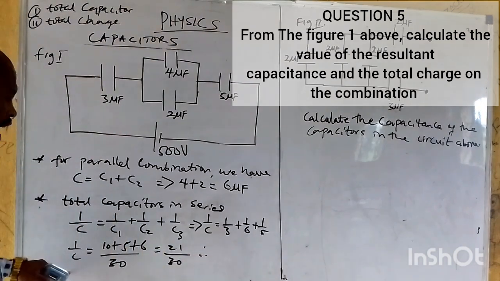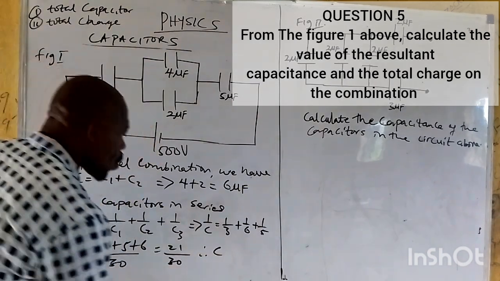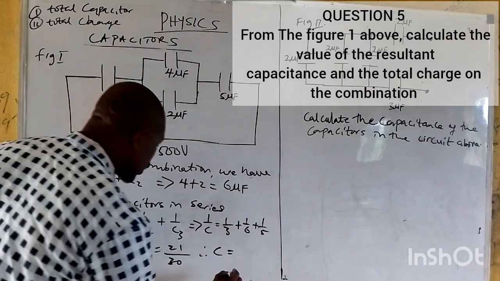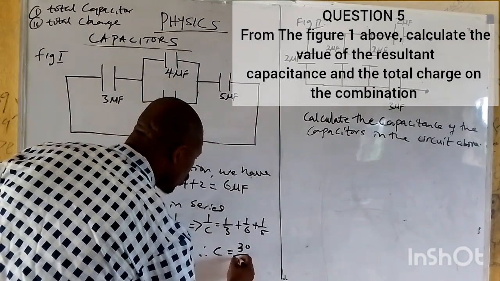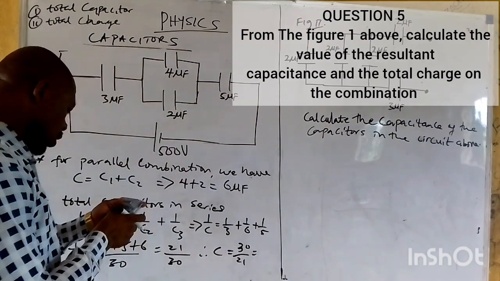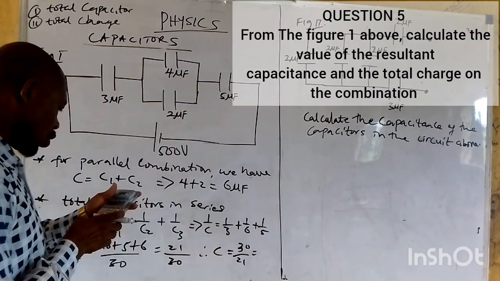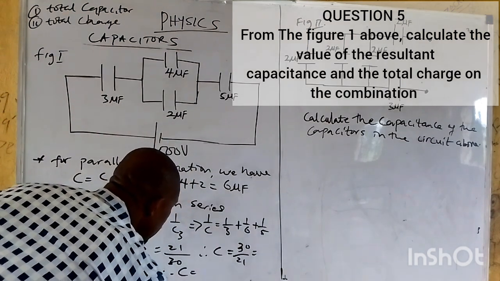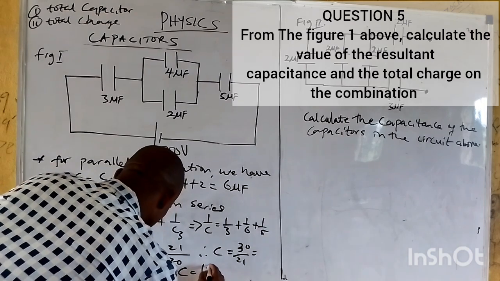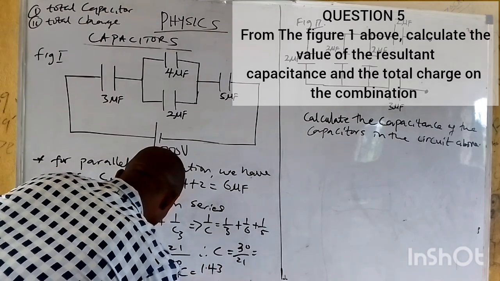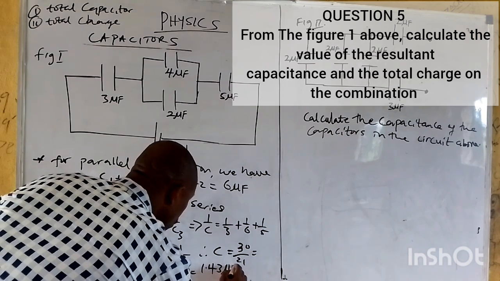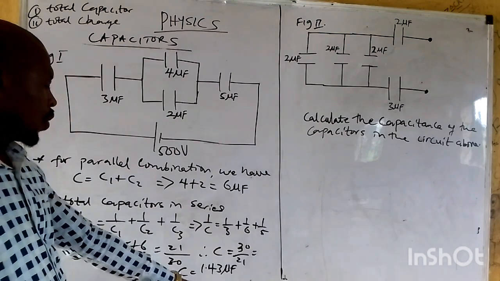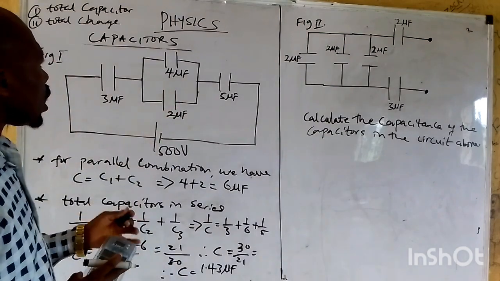Therefore, remember this is inverse. Inverse means 1 over C. So, in order to get C, you turn this, 30 over 21, which is 30 divided by 21, which will give us 1.43 microfarad. So this is the total capacitor in this circuit.